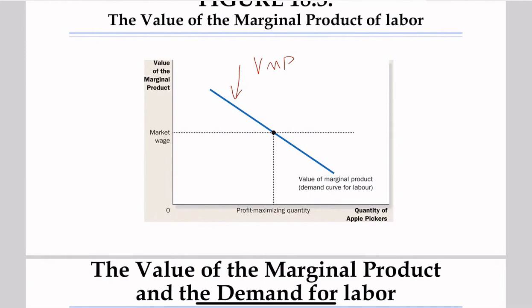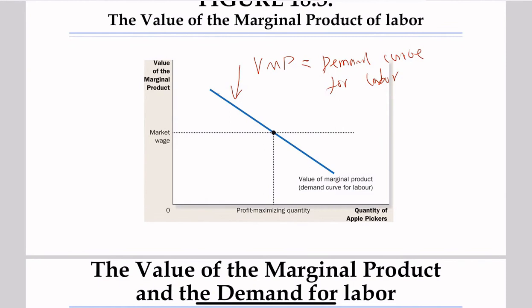That is, this blue line gives us the value of marginal product, and it also gives us the firm's demand curve for labor, right? Because by the definition of demand curve, if you tell me the price, I will tell you quantity demanded.